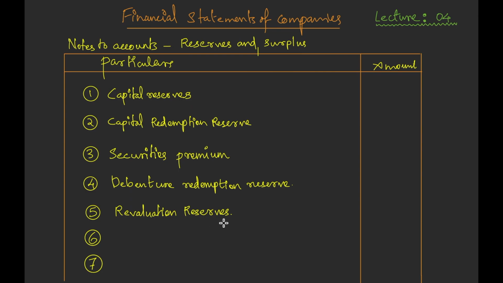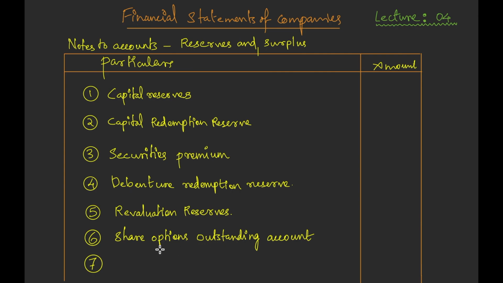Revaluation reserves. Revaluation reserve is the type of reserve which is created when there is any increase in the value of fixed assets when revaluing. Now let's see the next one. Share options outstanding account. So what is this share options? These are nothing but the right to purchase a certain number of shares from an issuing company.